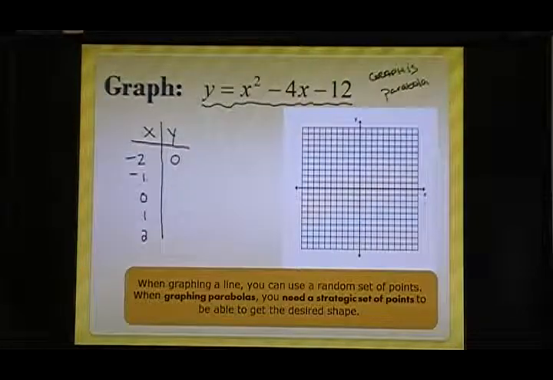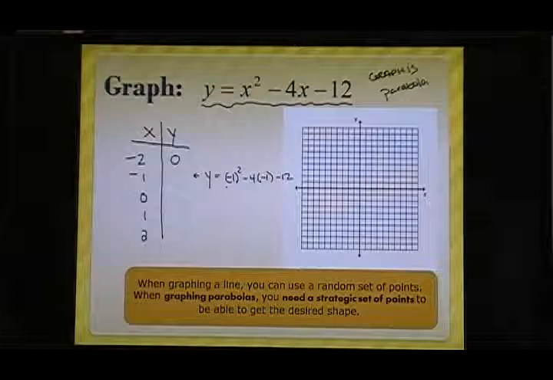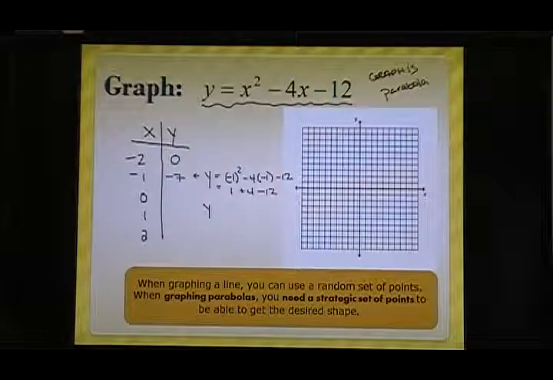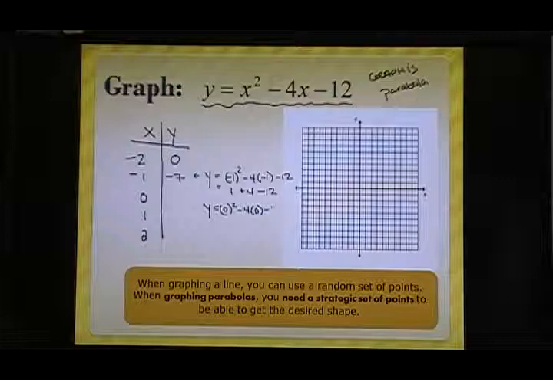If you substitute -1 into the equation, we have y equals (-1) squared minus 4 times -1 minus 12. So that's 1 plus 4 minus 12, that is -7. If we substitute 0 in for x, we have y equals 0 squared minus 4 times 0 minus 12. That's -12.